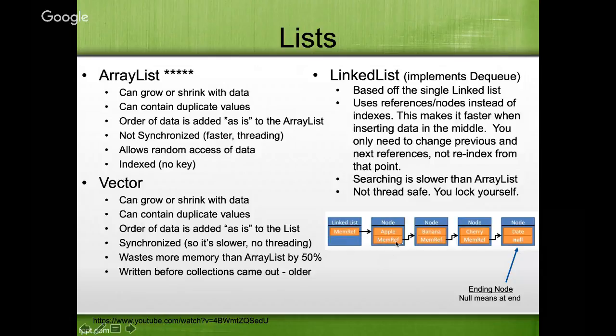So it's a chain, and it has memory references, and instead of indexes, it makes it much faster when you're inserting data a lot, because all you have to do is change the previous and next references. You don't have to re-index from that point like you would have to in an array list. So searching is slower because you have to start from the beginning and go through it.